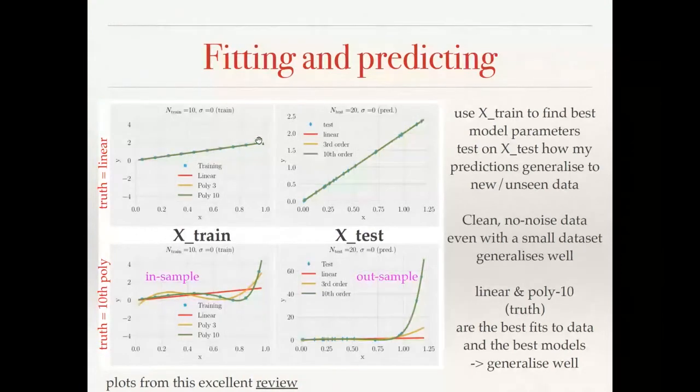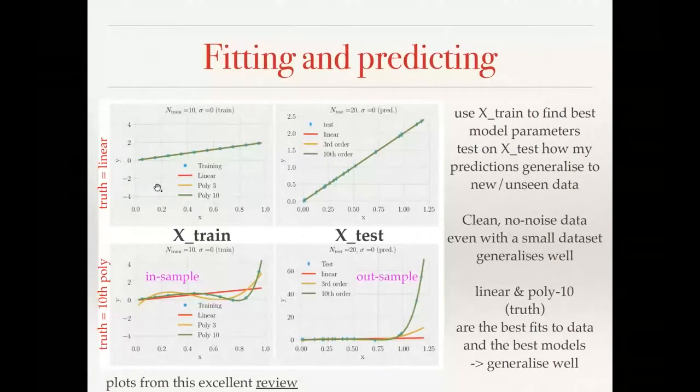We only have 10 data points. We depict x and y, and they're clearly linear. So when we try to fit with a linear polynomial, g of w, our model is linear. So g of w is simply a constant times x. Then we get a line with a particular value for the constant.